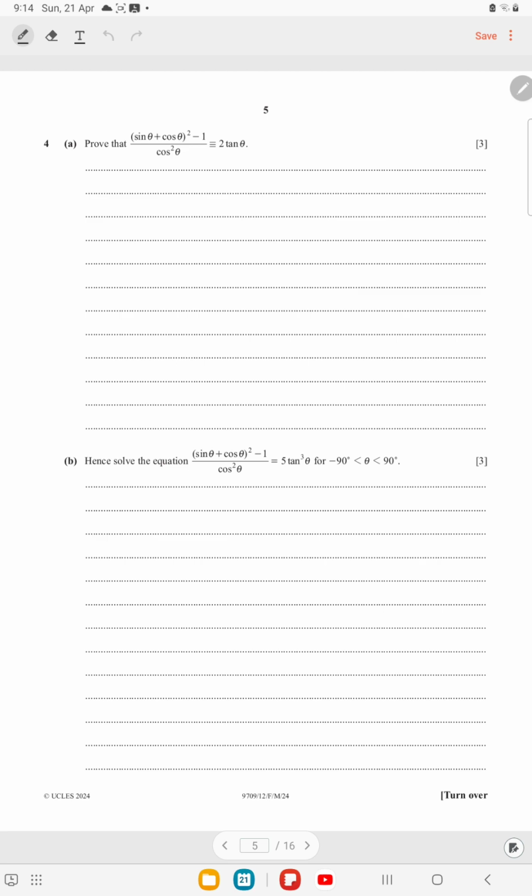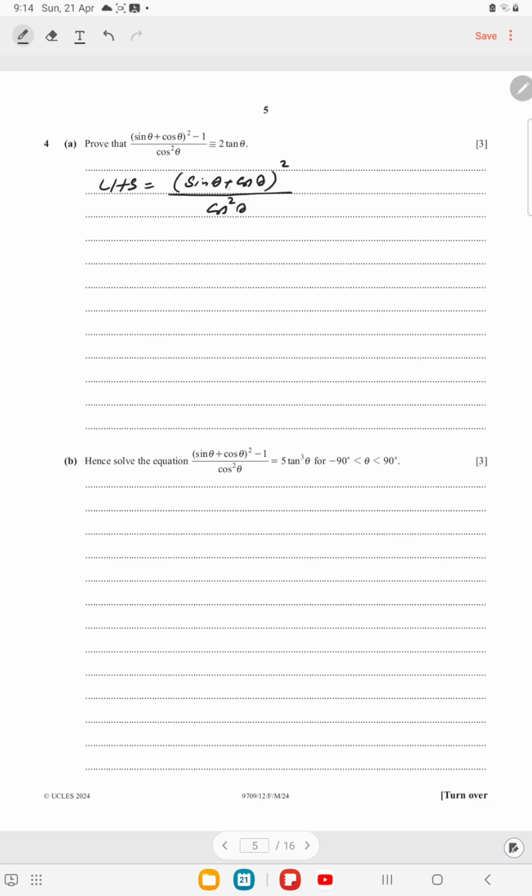Okay guys, question number 4. It is taken from trigonometry. First we have to prove it. Taking the left hand side, as per the rule, is sine theta plus cos theta. If you are confused about these trigonometry concepts, I prefer you guys to revise my video lesson based on trigonometry.